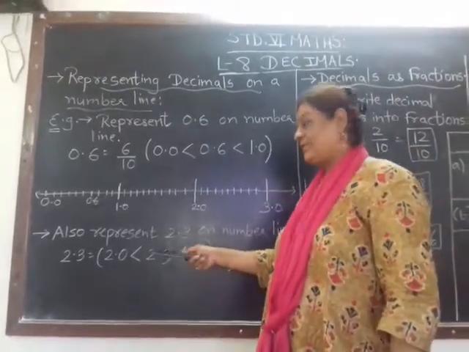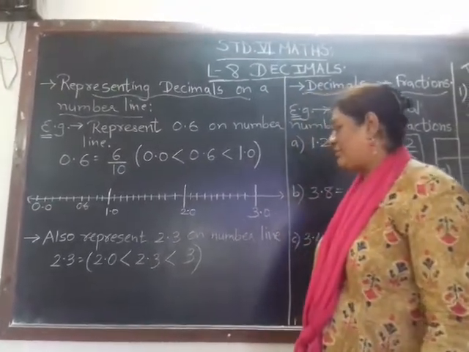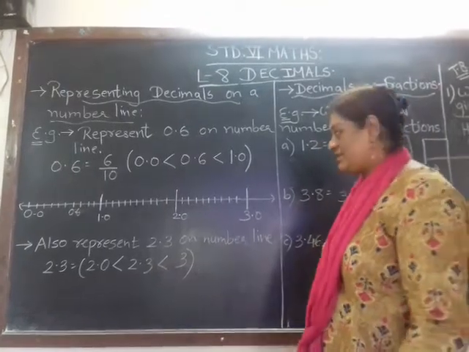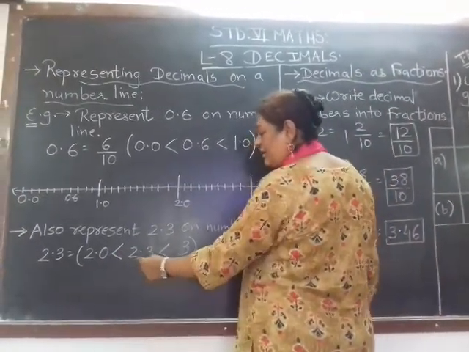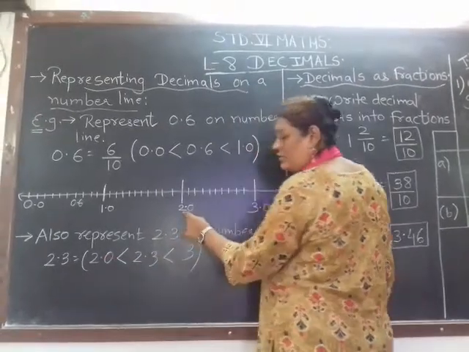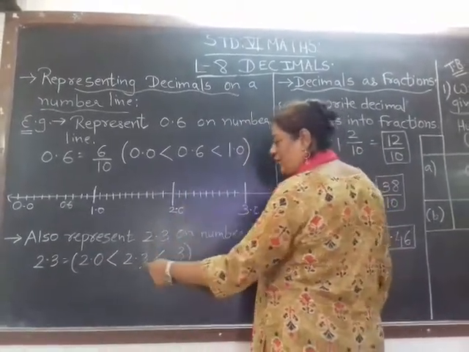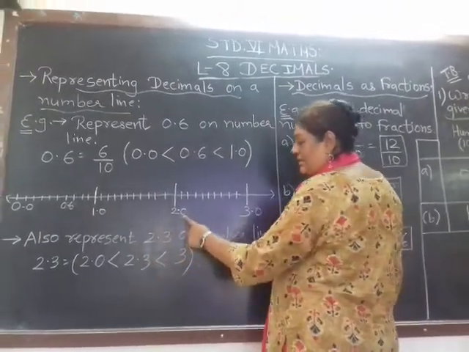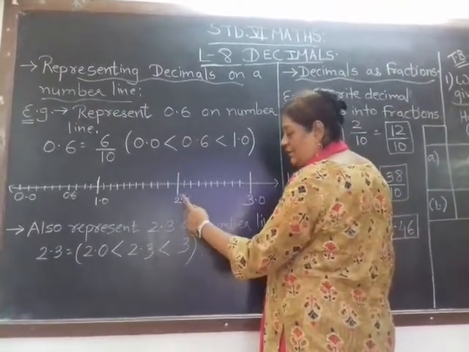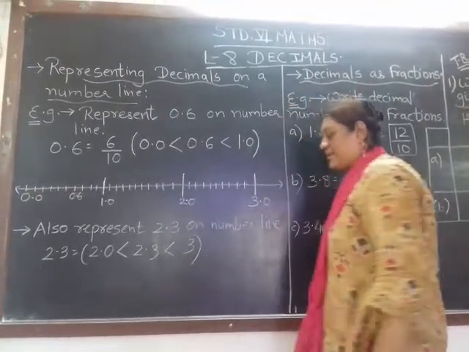Now here they are given, can you represent 2.3 on a number line here? Now it's very easy for you. See, 2.3. So this is but natural, 2.3 is bigger than 2.0. Right? 2.0 is smaller than 2.3 because the whole numbers, 2 and 2, are the same. But check the decimal number: 0 and 3, 3 is bigger.